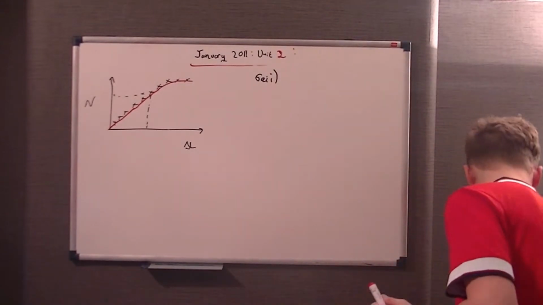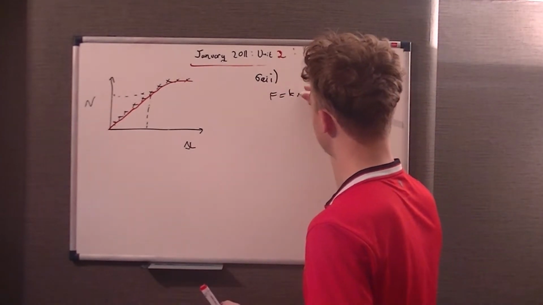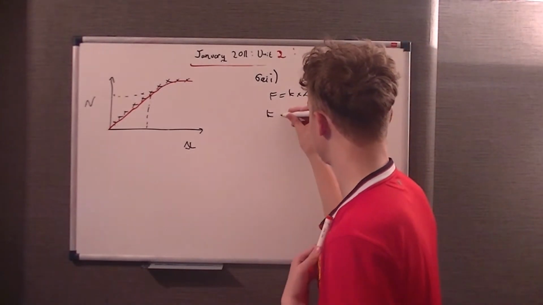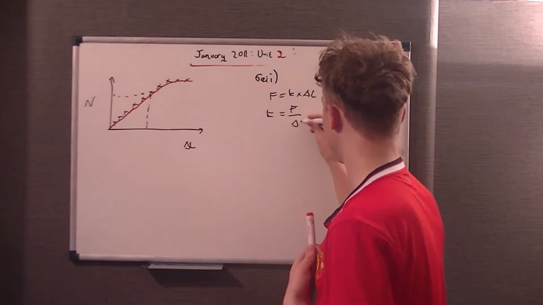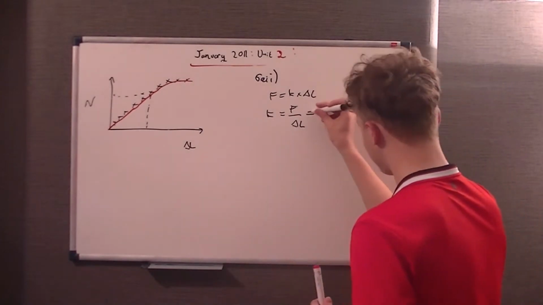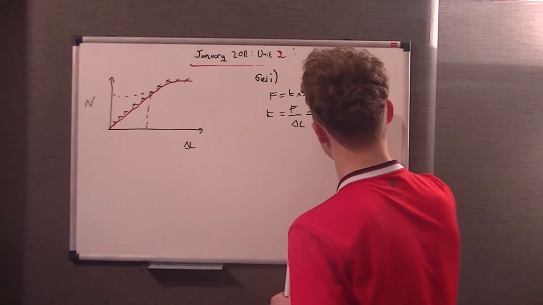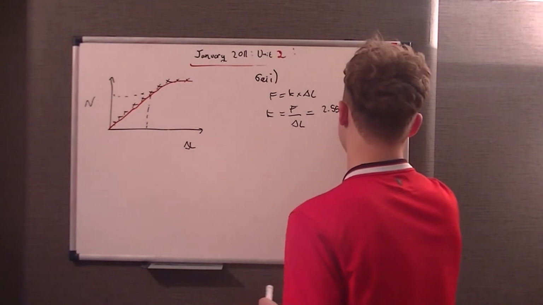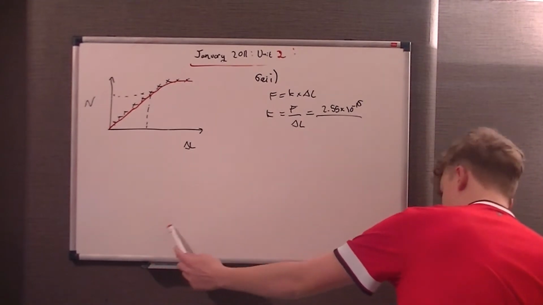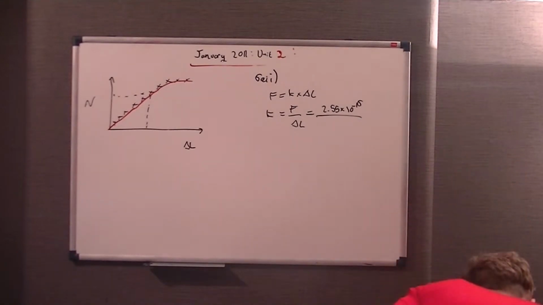I'm just going to use the example they give you. We know F equals K times delta L, so K being the gradient, K is equal to F over delta L. That's how we know K is the gradient. If we do that, the force is 2.55 times 10 to the minus 6, which is the height, over the delta L, which should be that value there, 5 times 10 to the minus 3.